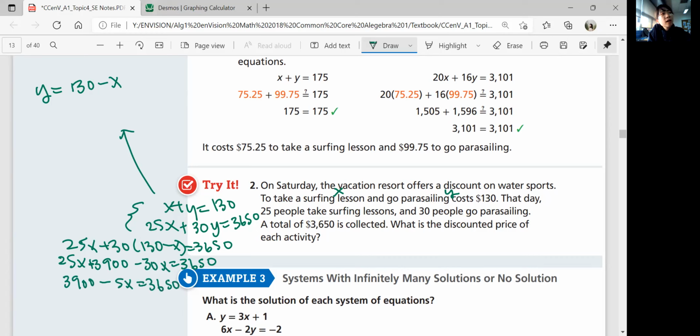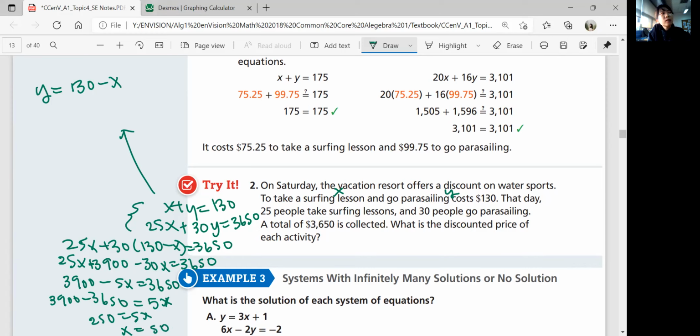So we subtract 3650 on both sides. And then we add 5x on both sides to get this. And then you have 250 is equal to 5x. So x is equal to $50.